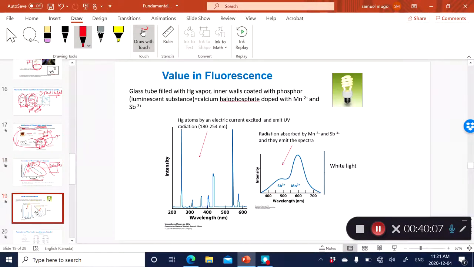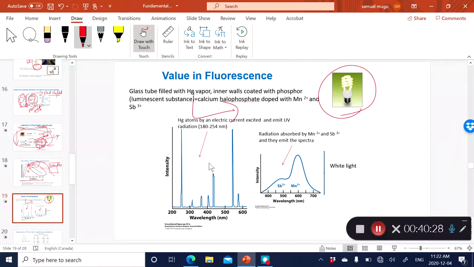Other than detection, fluorescence has also been used widely for other types of applications, such as making these fluorescent bulbs, which typically is just a bulb made of mercury. And mercury actually is a fluorescent element.